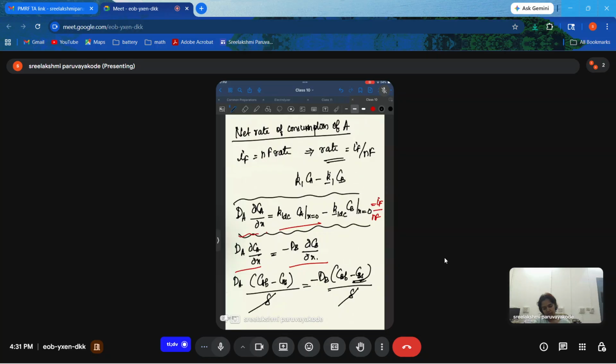So here the diffusion coefficient into the concentration gradient depends upon the rate of the reaction, which is forward reaction minus backward reaction, equal to i_F by nF.